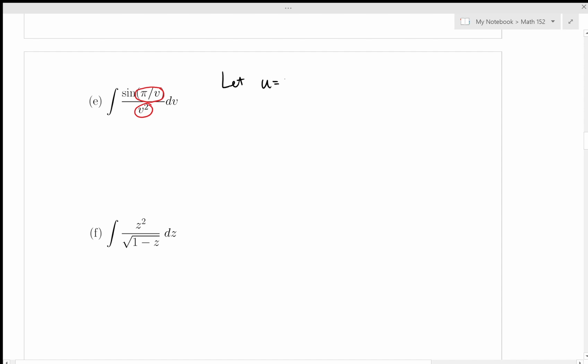u equal pi over v, and then that will mean that du is equal to minus pi over v squared dv. And I'm looking at the integral, and I see, okay, I've got dv over v squared. So I'm going to move the minus pi to the other side. That will be minus du over pi is dv over v squared.